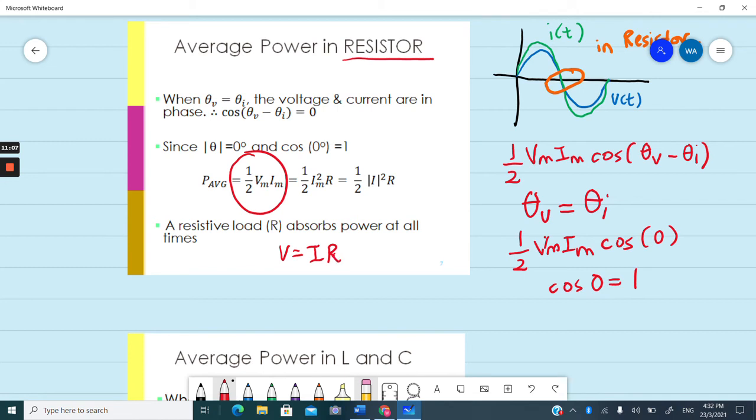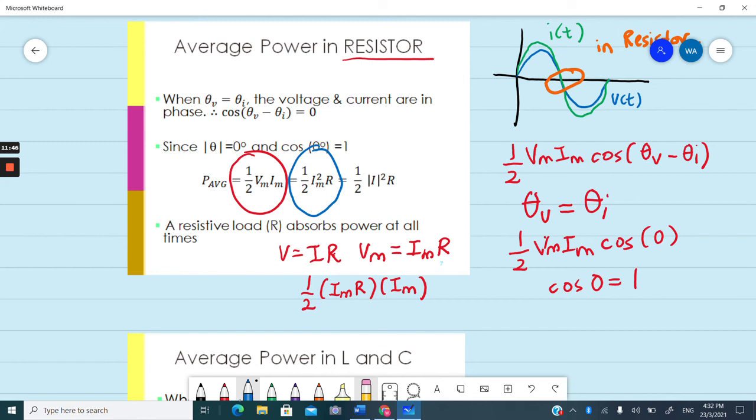You can substitute V_m as I_m times R. So from half V_m I_m, you will get half I_m R times I_m, which gives half I_m squared times R. You know that the amplitude is the magnitude of the current.